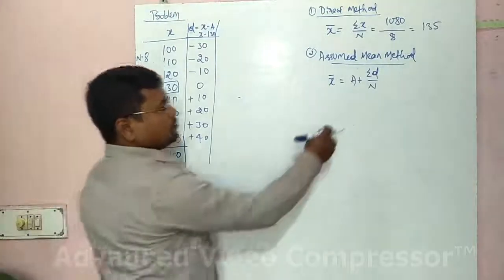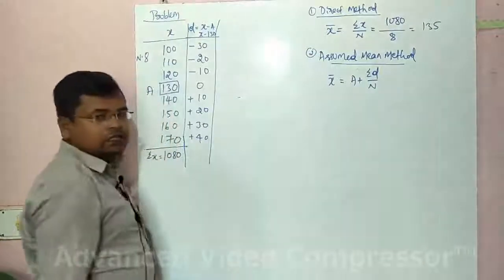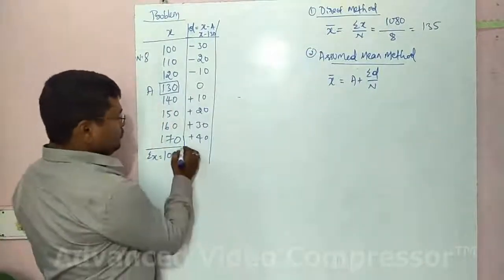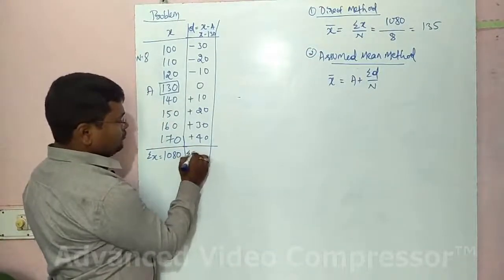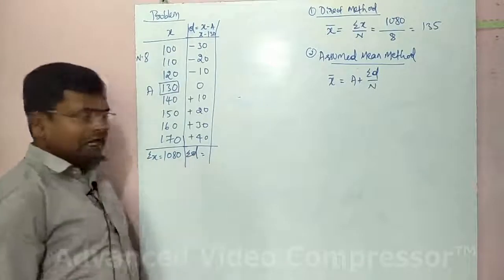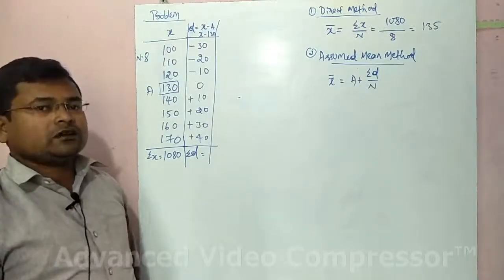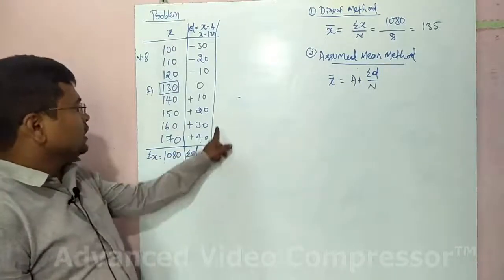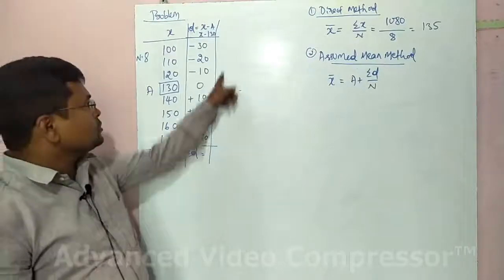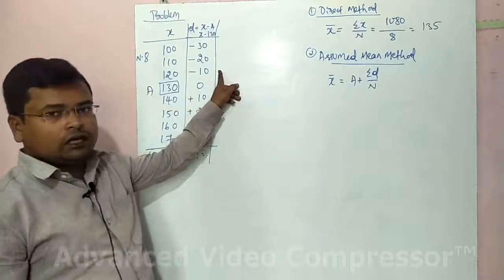As per the formula, we need the summation of d. How can we calculate summation of d? As you can see, there are some positive values and some negative values.